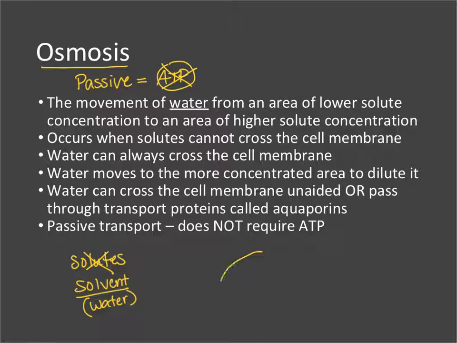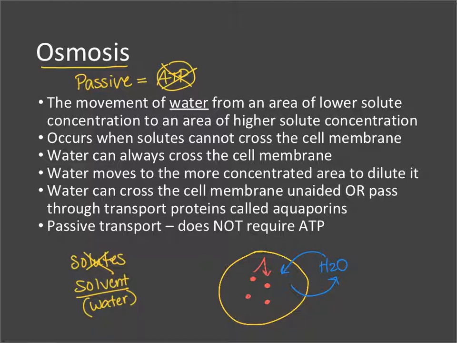Because if we take a look at our cell membrane here, water is able to cross the phospholipid bilayer of the cell membrane. So all cells are permeable to water. But remember that sometimes those solutes are stuck and they can't cross the cell membrane.